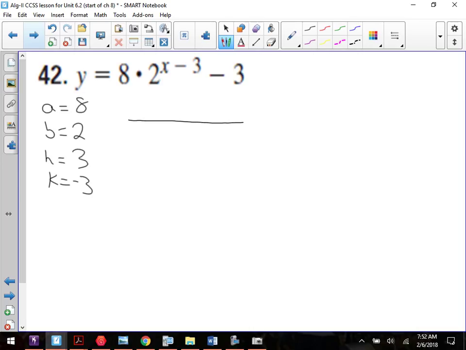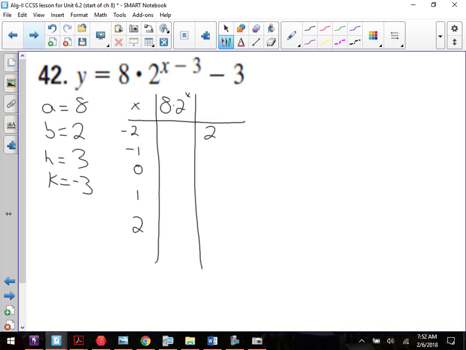So we get our ordered pairs to start out. Let's see, 2 to the negative 2 would be 1/4. 8 divided by 4 is 2. 8 divided by 2 is 4. 8 times 1 is 8, 16, and 32.